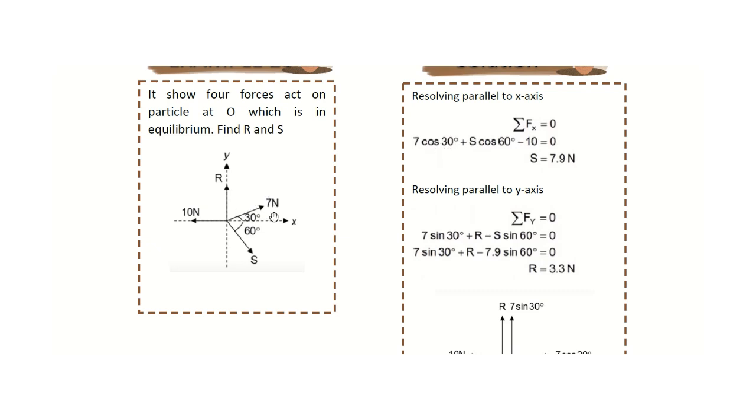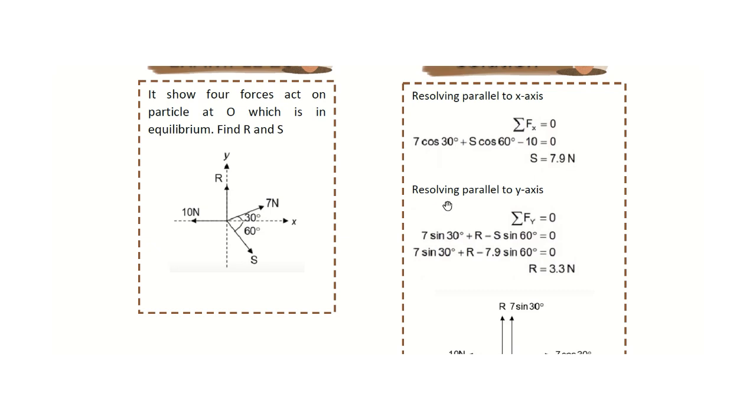So for the 7 Newton force, we calculate 7 cos 30 degrees, plus then we have force S here, so we calculate S cos 60 degrees, and then we have the force 10 Newton, minus 10, because the 10 Newton here is in the negative direction of the x-axis, so we minus 10. Calculating this, we will get force S is 7.9 Newton.